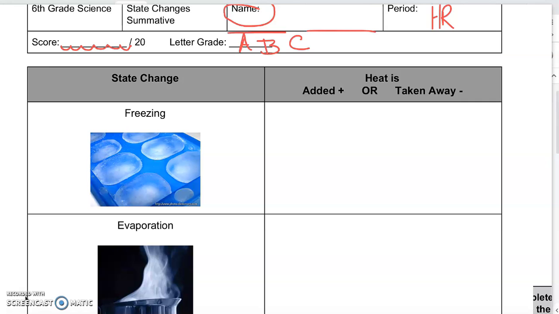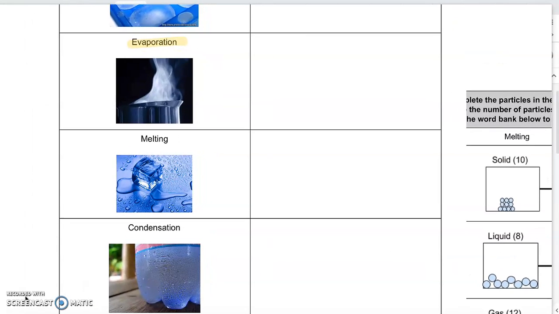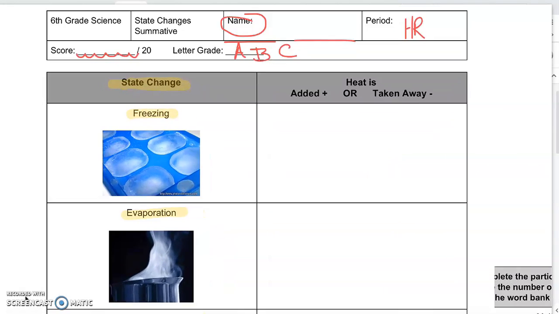First, we want to talk about state changes and the state change of freezing, evaporation. We want to take a look at melting and condensation. Okay, so here's what you need to do first.